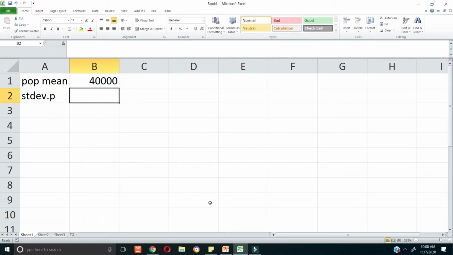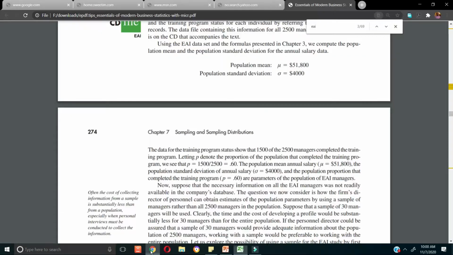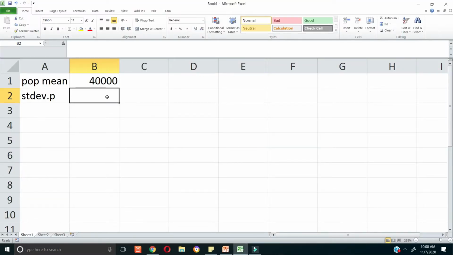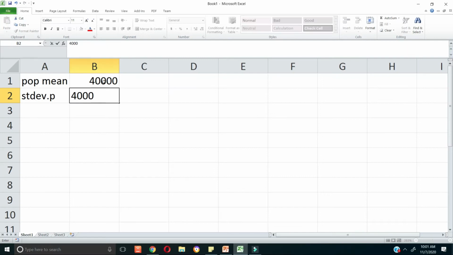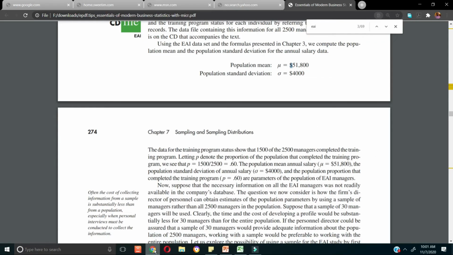So we say the population standard deviation is $4,000. So that's the standard deviation, and the population mean is 51,800. Yeah. So this one is 51,800, and then the sample.